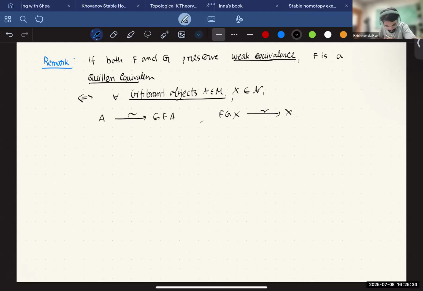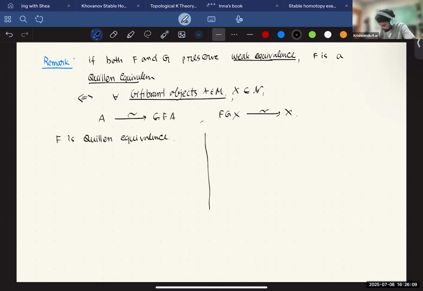Yeah, how is this true? To see this, start with your bifibrant objects. Start with the fact that F is a Quillen equivalence.